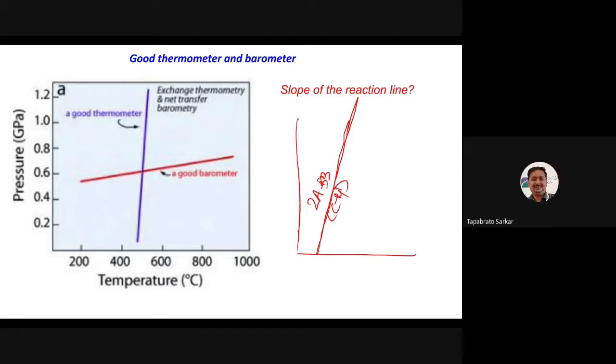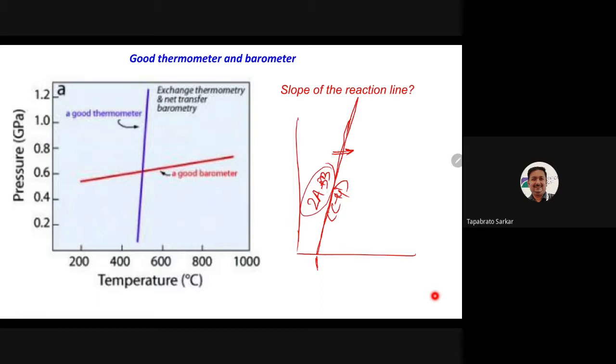So what do we actually mean by sensitive to temperature? It means that if we change the temperature a little bit along this boundary, we will have either 2A plus 3B or C plus D. If we have C plus D, we are above this temperature; if we have A plus B, we are below it. So it is very sharp to temperature.